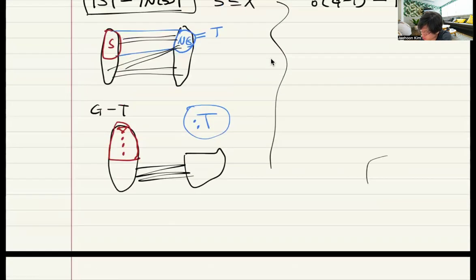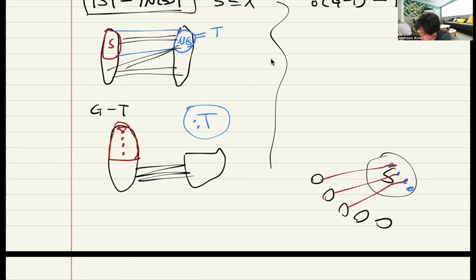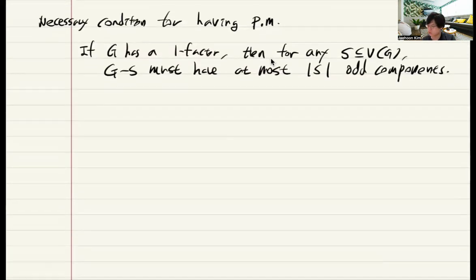As we discussed, if you have an S and there are odd components, and there are only three or four of them, then it matches at most four of them, leaving one odd component. At least one vertex from there is not matched in any matching, so there is no perfect matching.